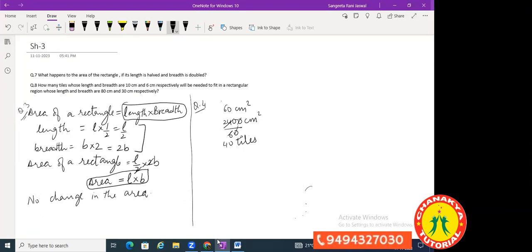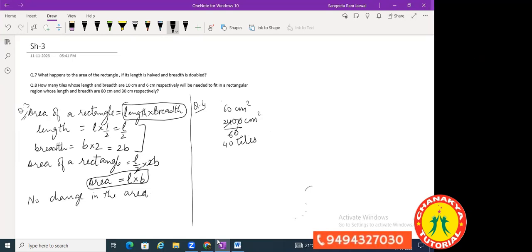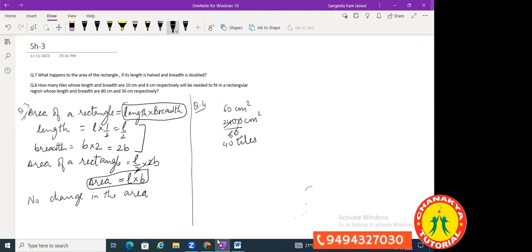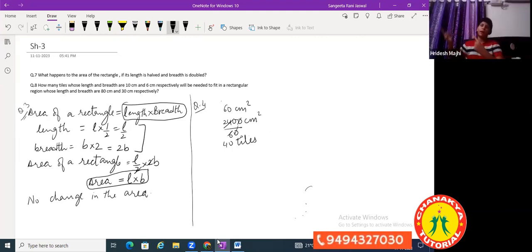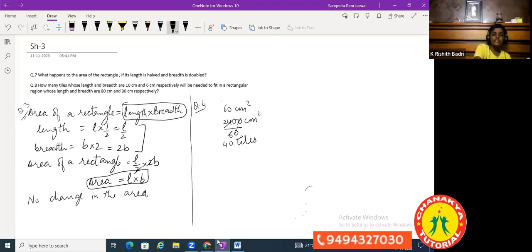What happens to the area of a rectangle if its length is halved and its breadth is doubled? The length is made half. It means we should decrease the length and increase the breadth.